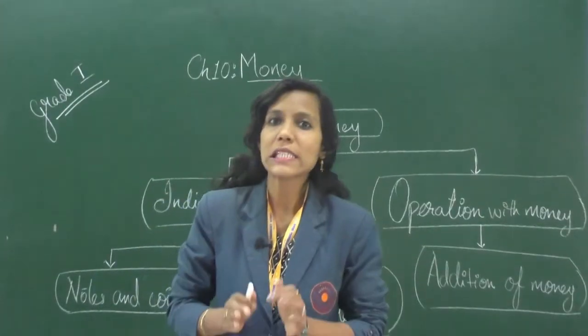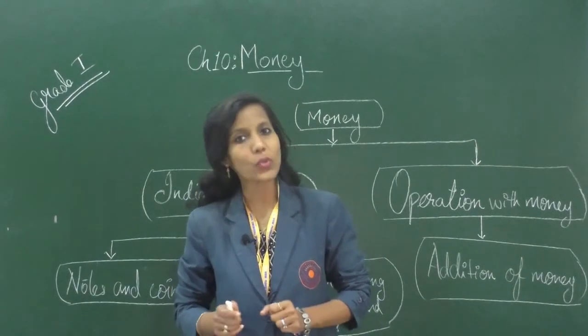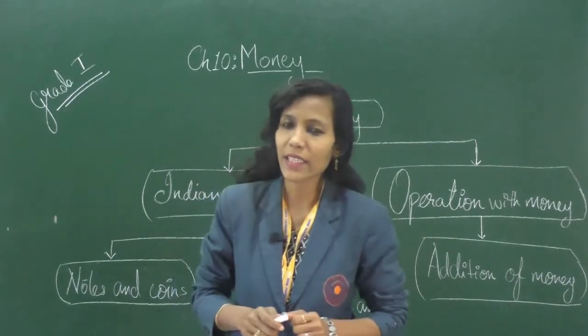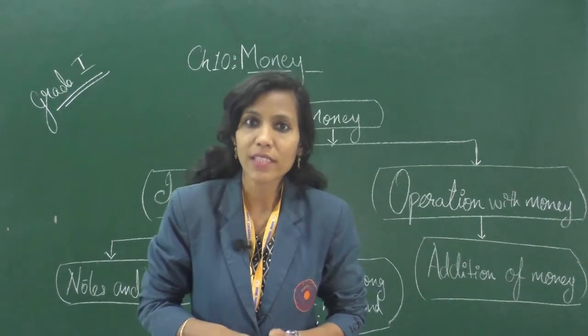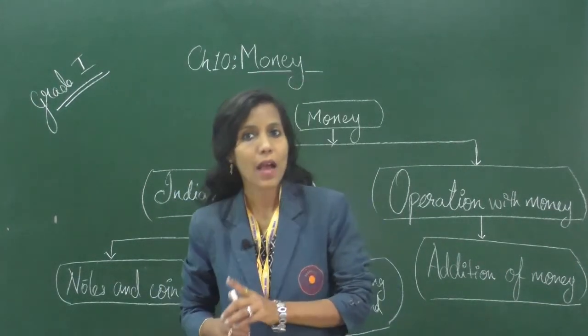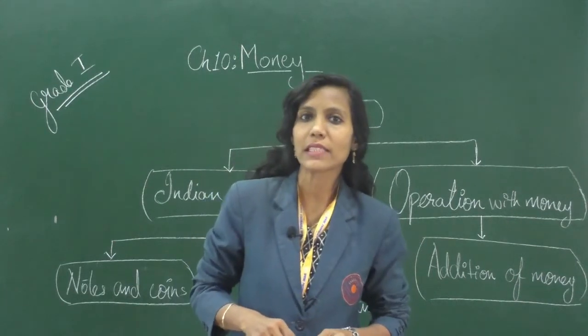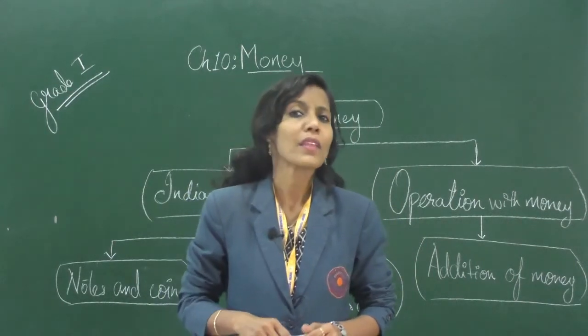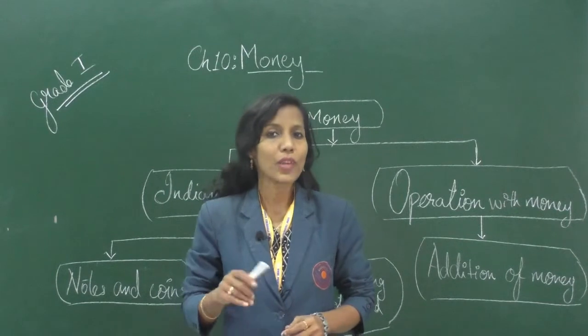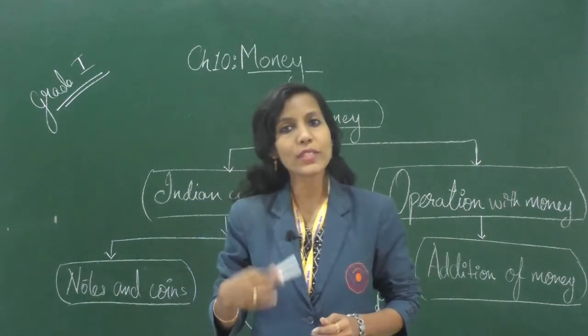So we saw different kinds of notes, both of Indian currency as well as currencies from other countries. Then we saw different varieties of coins. Next we saw the relationship between note and coin.